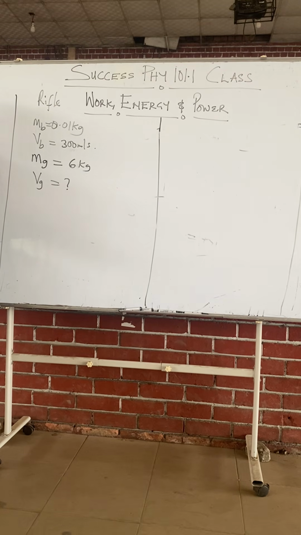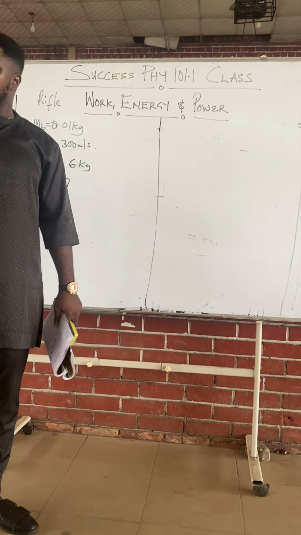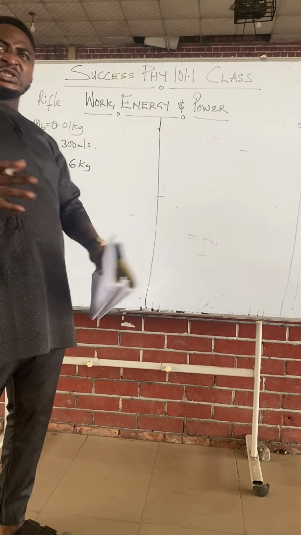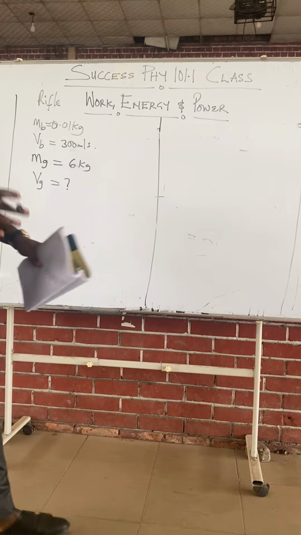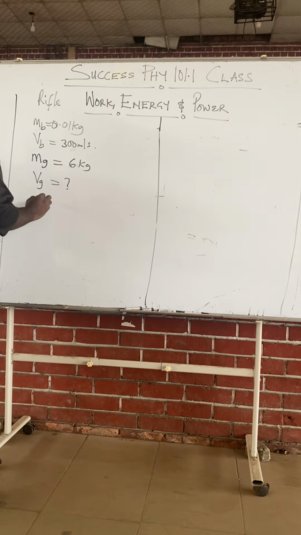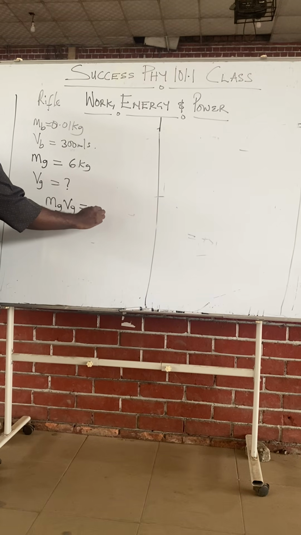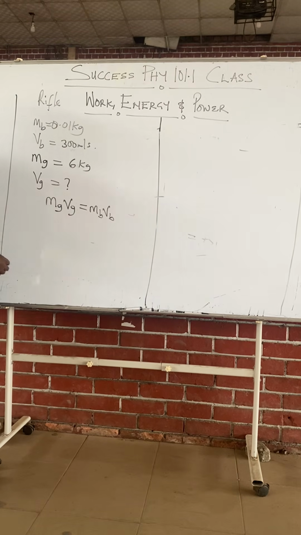Class, if you hear a question like a gun, or a cannon, or a revolver fires pellets or bullets, the formula you have to use is mass of gun times velocity of gun equals mass of bullet times velocity of bullet. You can put a negative here to represent the recoil velocity of the gun.